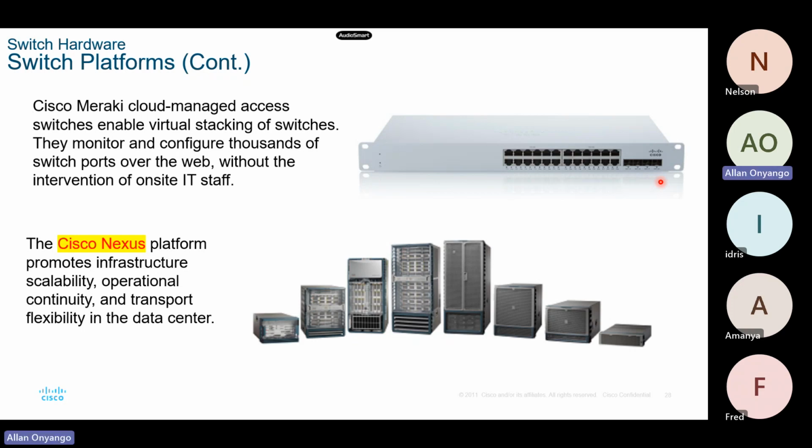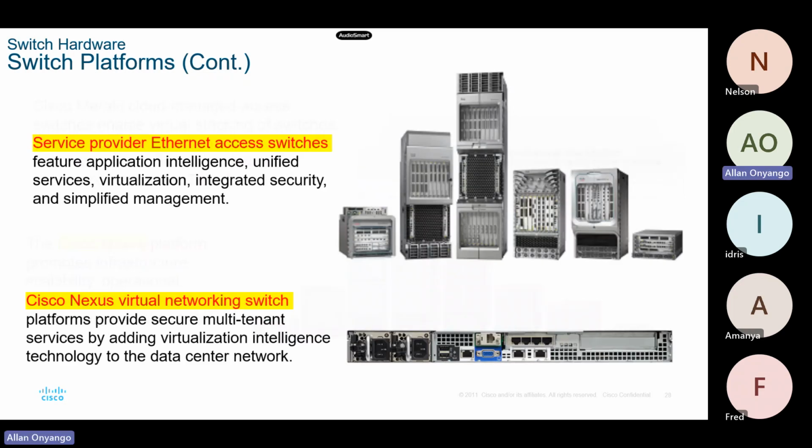So that is something important to note. Of course, we have the Cisco Nexus switch, which also promotes infrastructure flexibility and is majorly used within data centers. Okay, so that is also very, very important.